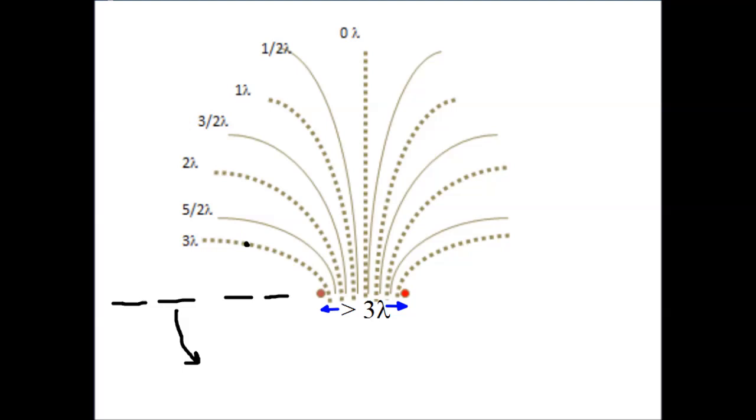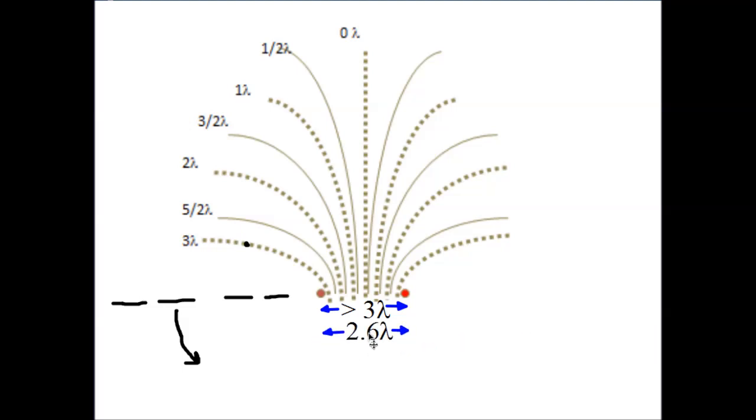I mean, if these were more than 3.5 wavelengths apart, then I could get 3.5 wavelengths. I would get one more nodal line out here. If they were more than 4 wavelengths apart, I could get one more antinodal out here where it was 4 lambda. Hope that's making sense.